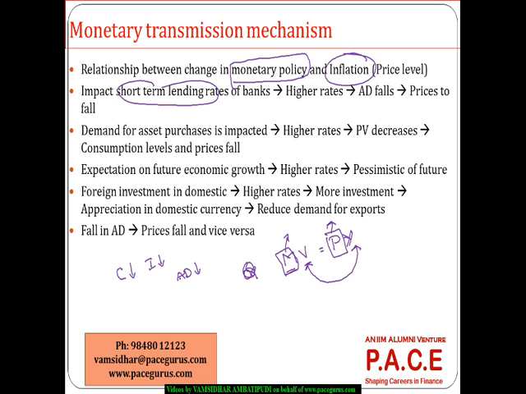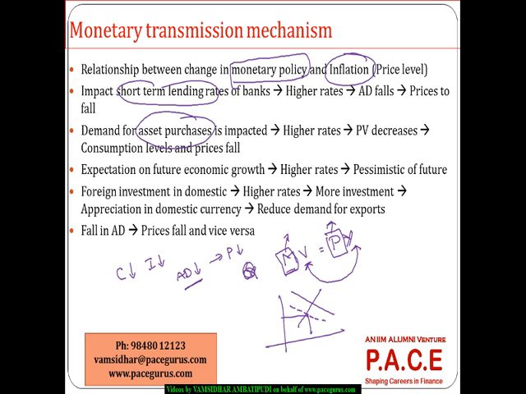If the interest rates are much higher, the overall aggregate demand is going to go down, which results in the prices also going down, because when we typically see the supply curve not changing and the demand curve shifting to the left, the prices also have to fall.